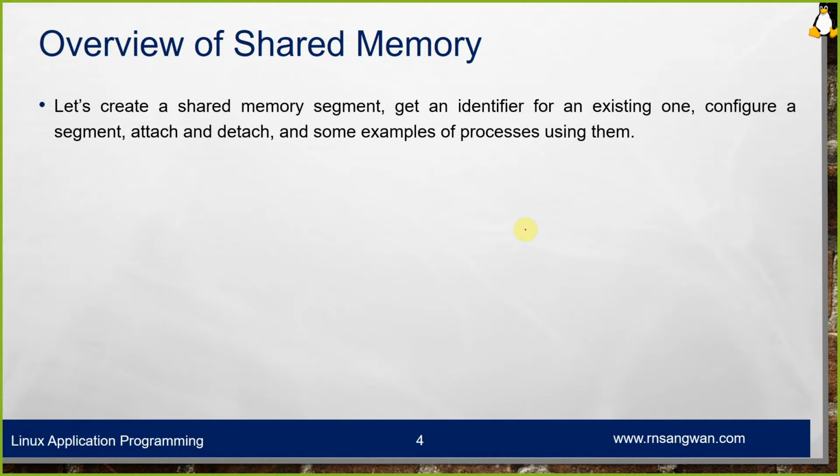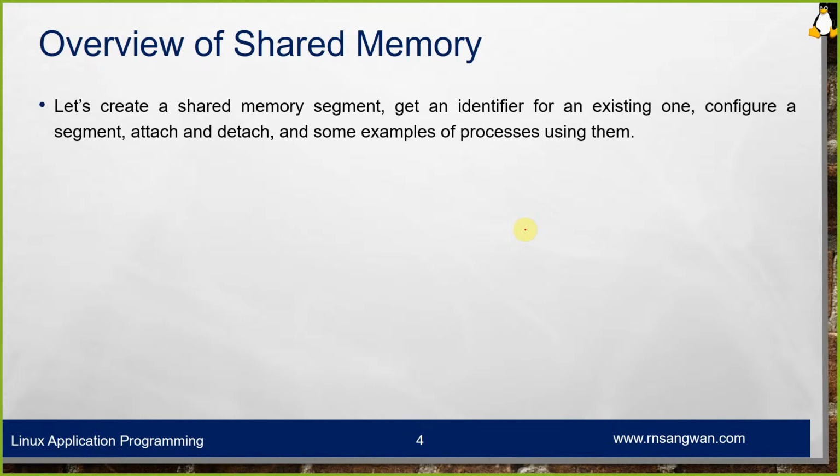The shared memory. Let's create a shared memory segment, get an identifier for an existing one, configure a segment, attach it and detach it, and some examples of processes using that.